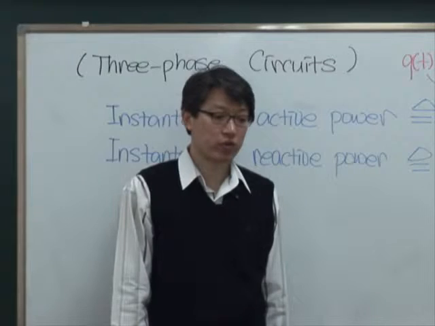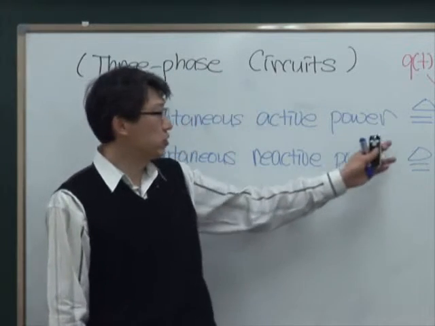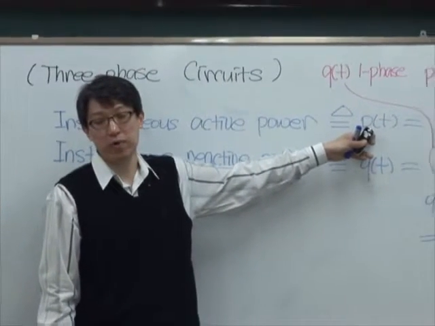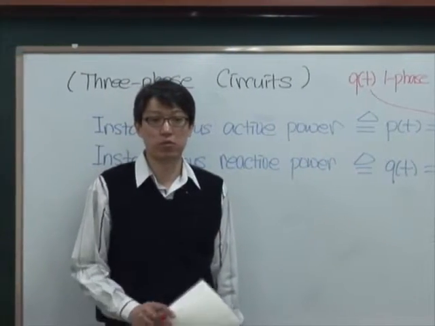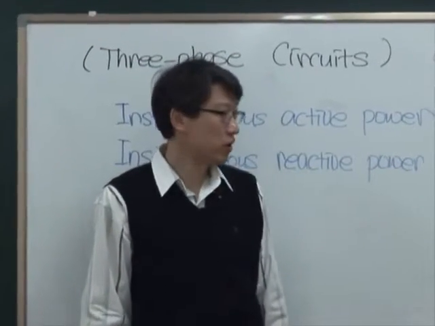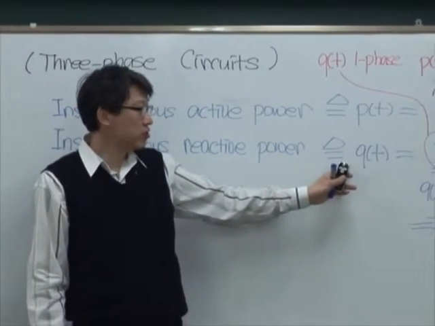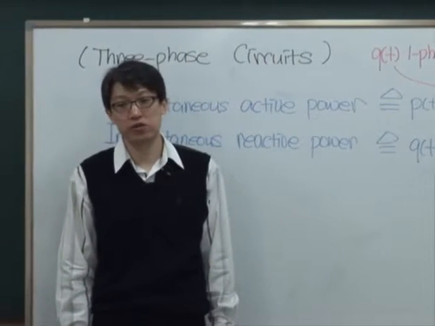But to tell you the truth, the first one, the instantaneous active power, is accepted by many people. This is almost like a standard. But in contrast, the definition of Q(t) is still under discussion.